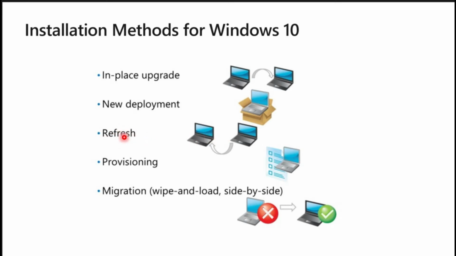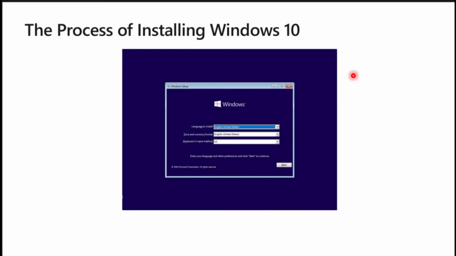Refresh means you already have the operating system, and you can reinstall over it. Provisioning means we add many other tools with your Windows 10. Then migrations, wipe and load, and side by side. And these are the Windows 10 installation options.